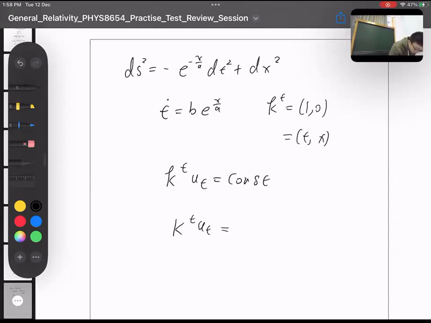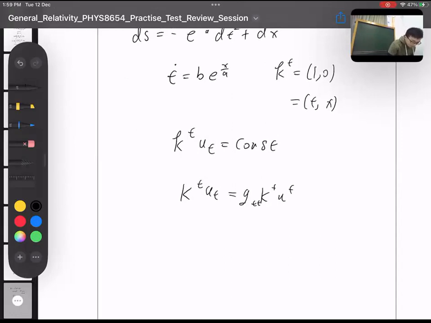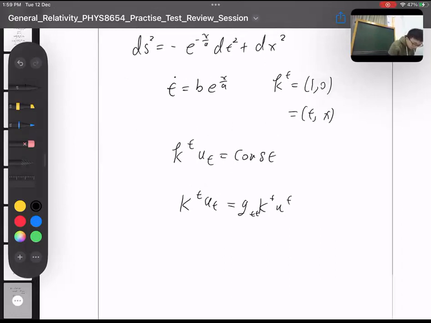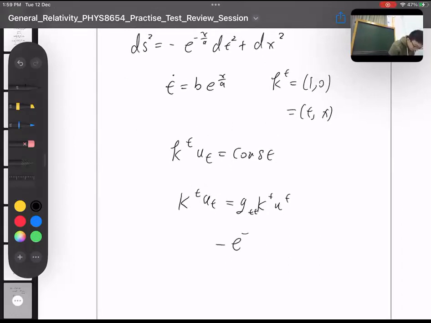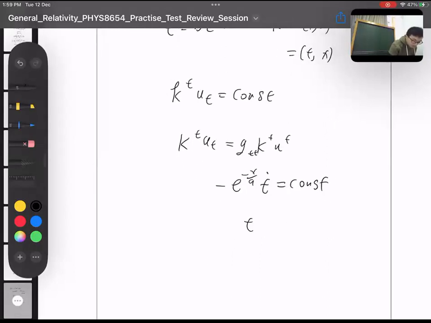So this would be minus e to the minus x over a times t dot, the t four-velocity, is equal to a constant. And this means that t dot is equal to a constant times e to the x over a.